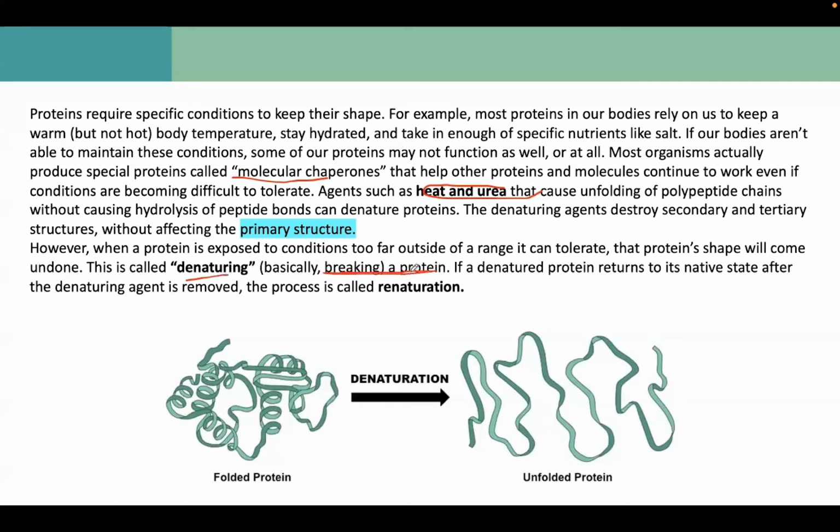If a denatured protein returns to its native state after the denaturing agent is removed, ang tawag naman doon, renaturation. Parang binaliktad mo lang. Okay? So, kung gagawin natin siya sa isang laboratory experiment, kunwari si protein natin, nilagyan natin ng alcohol or sinubject natin siya sa heat, yun po yun. Okay? Parang denaturing yung ginawa natin, the denaturing of your protein, which we will perform on our laboratory part.